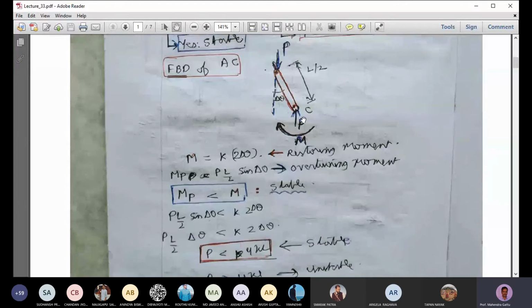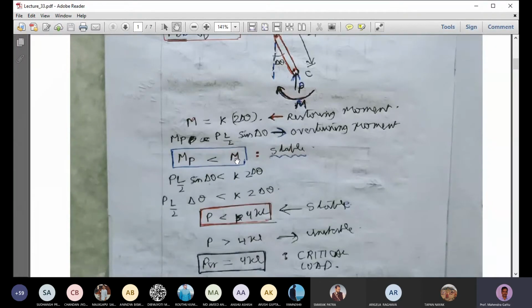As long as the restoring moment M is greater than the overturning moment which is coming due to that force P, this system will be stable. That means this point C will come back to its original position. Check the condition for stability: the overturning moment is less than the restoring moment.